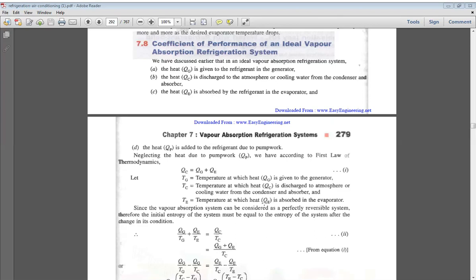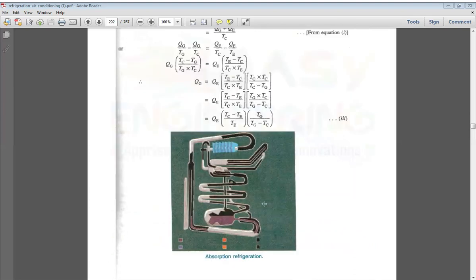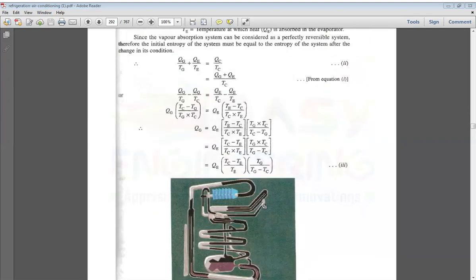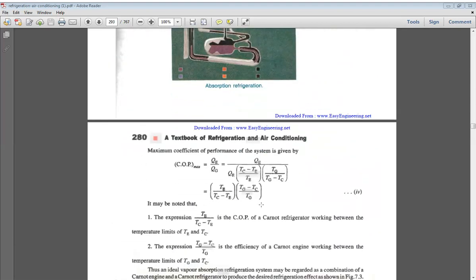The coefficient of performance of this vapor absorption refrigeration system is based on the heat values of the generator, QG, QE, and QC, that is QE by QC. That is the simple equation based on thermal equilibrium that we try to simplify.